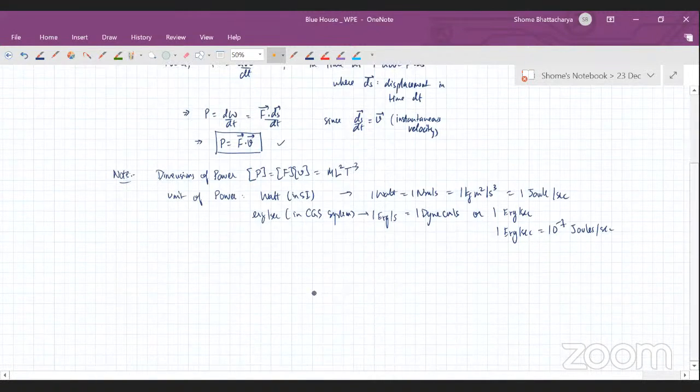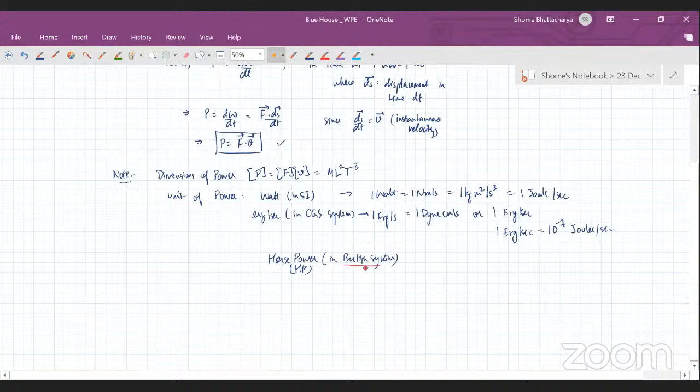Okay. Now there's also an old British system of unit in which we define the unit in horsepower. So this is outdated.